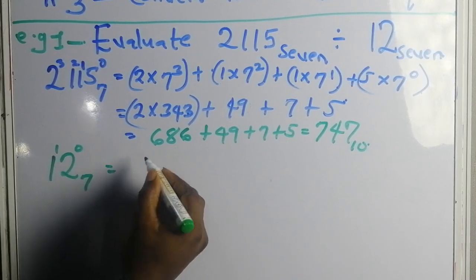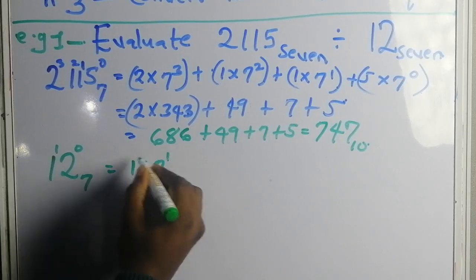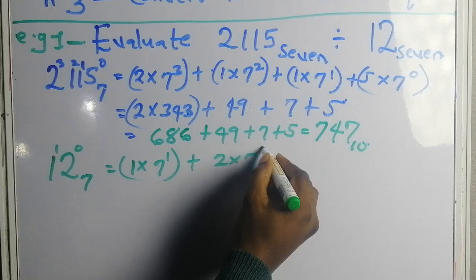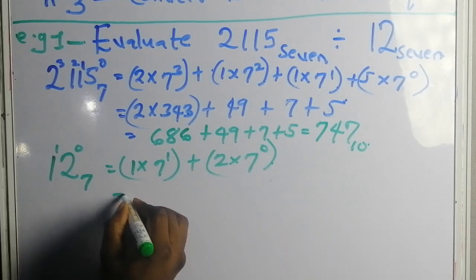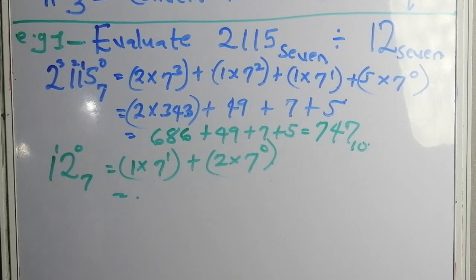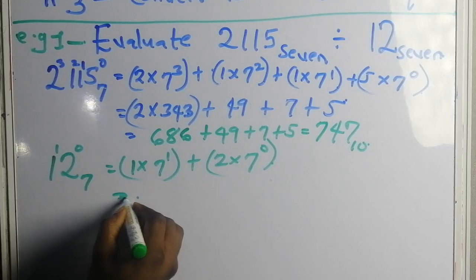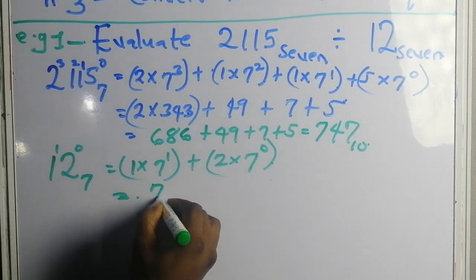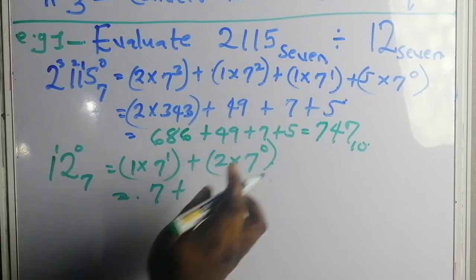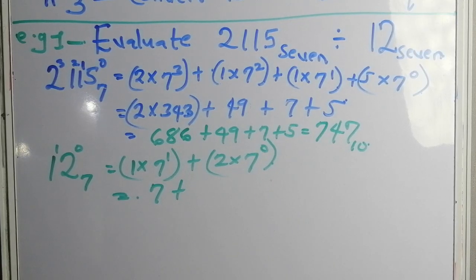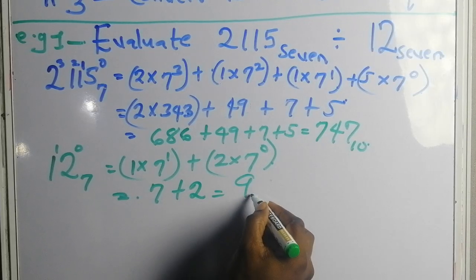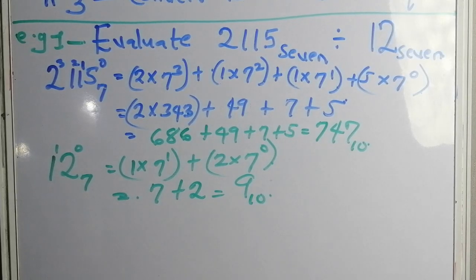Very simple: 1 times 7 raised to power 1, which is 7, plus 2 times 7 raised to power 0. 7 raised to power 0 is 1, and 1 times 2 is 2. So this is 9 in base 10.